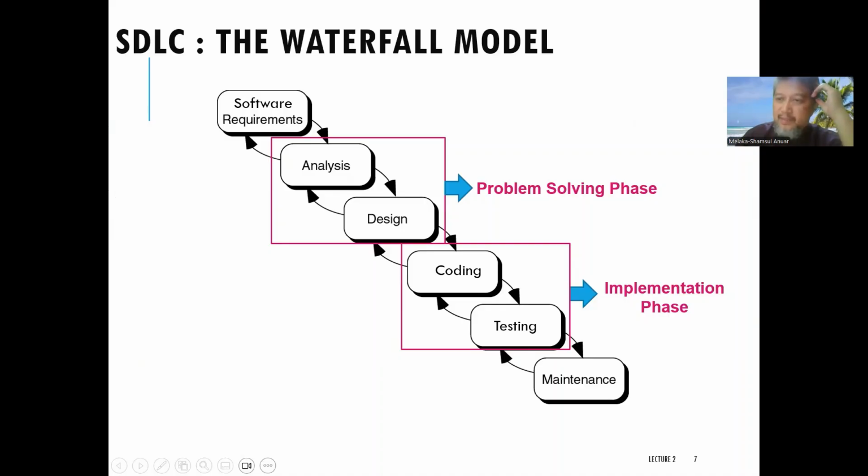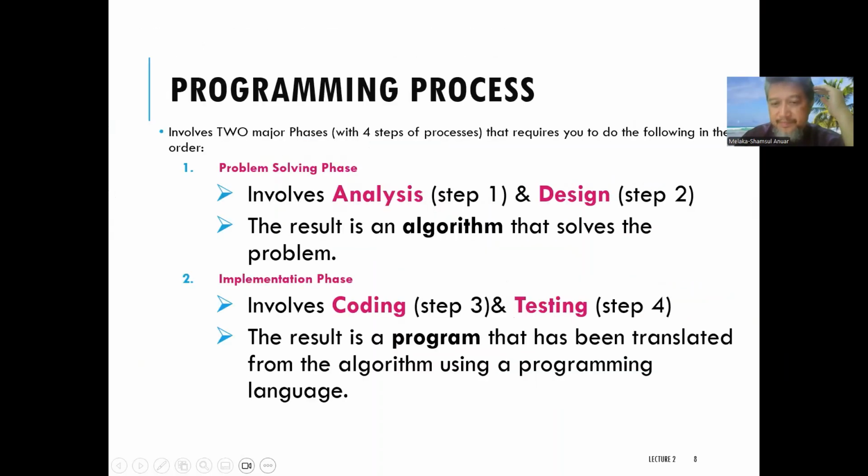You got to plan your work, otherwise things can be helter-skelter, unplanned, unorganized. And that kind of mistake would probably cost you a lot more time in order to complete the job.